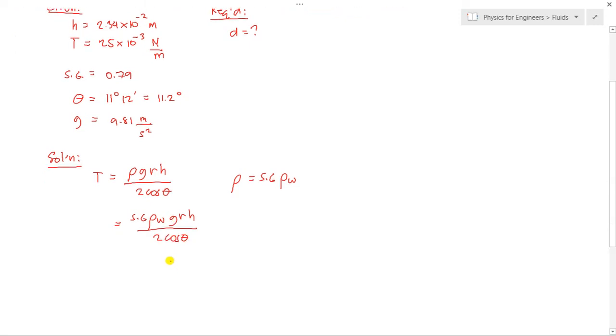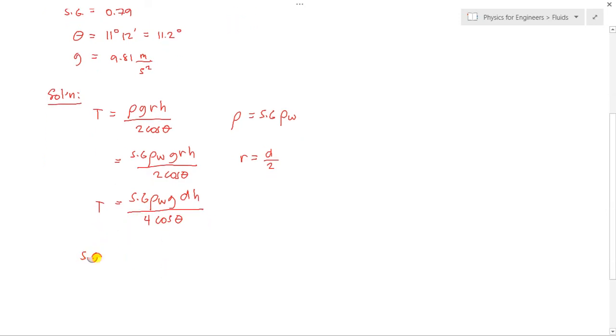Since we are after the radius, we can say that r is equal to the diameter over 2. So we substitute: Sg, density of water, g, D, h, and we put the 2 below, so we have 4 cosine of theta, because D over 2 combines in the denominator. That is T. Then cross multiply.